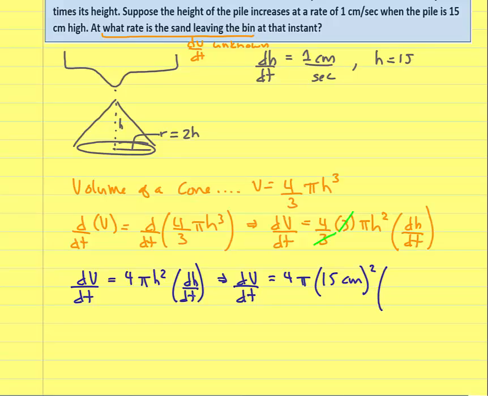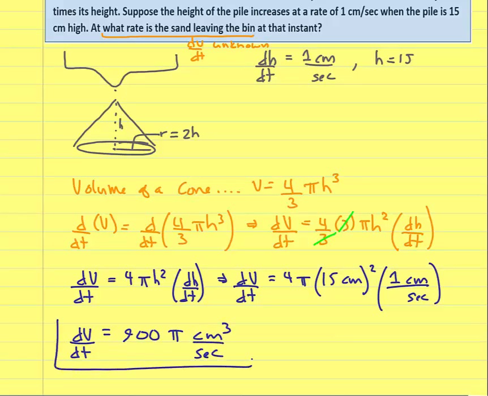Now dh/dt, the change in height with respect to time, is 1 centimeter per second. So I have everything plugged in. dV/dt equals, okay, 15 squared is 225. 225 times 4 would be 900 pi centimeters cubed per second.